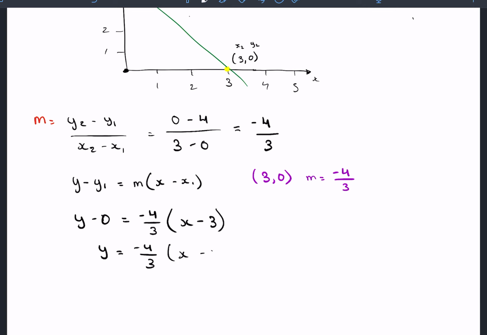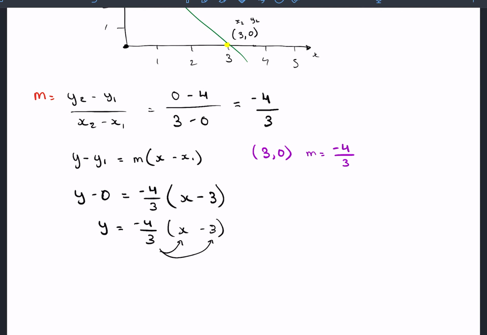Now we multiply this negative 4 over 3 into the brackets. Multiply such into the brackets. So we have y is equal to negative 4 over 3 times x.